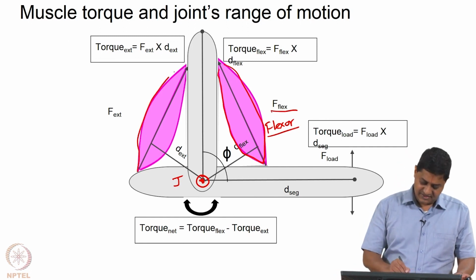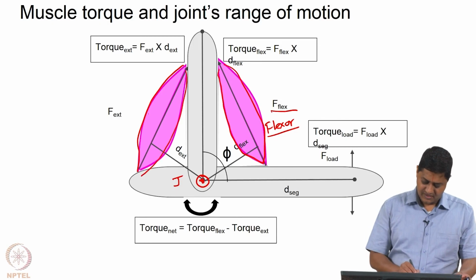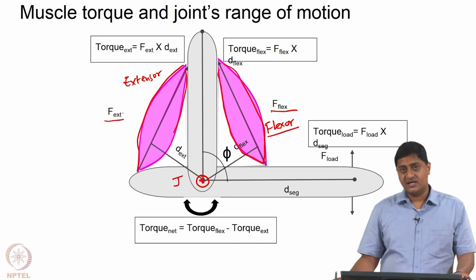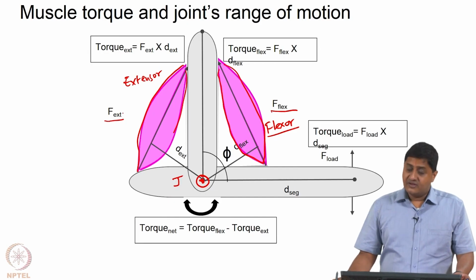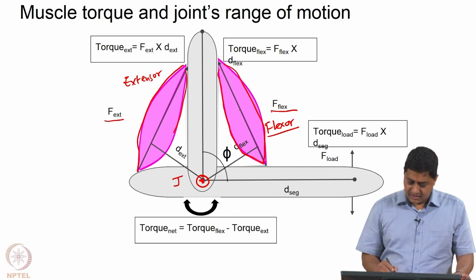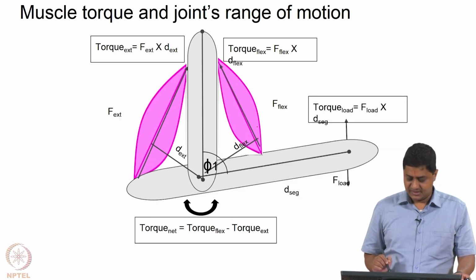The other muscle is this, which is called the extensor, and the force produced by that muscle is F ext. If the flexor contracts, then this will reduce, is it not?